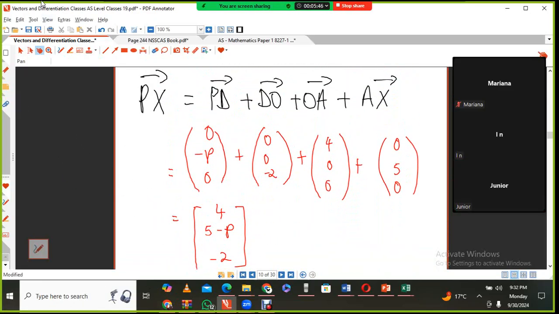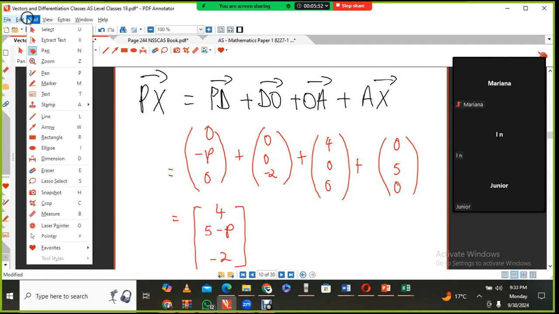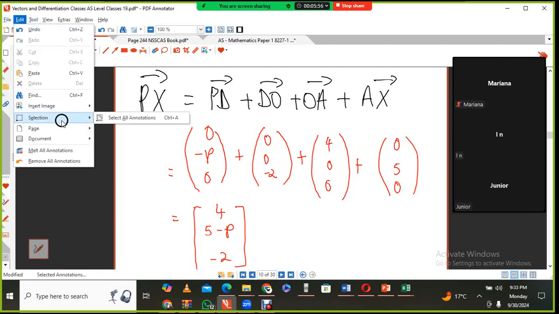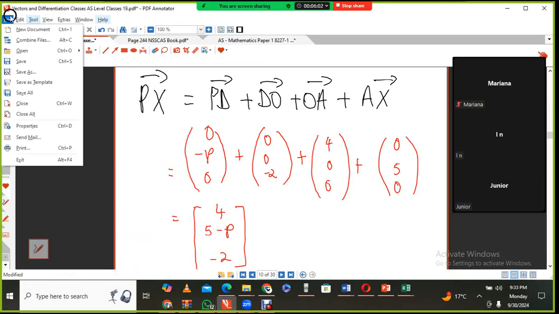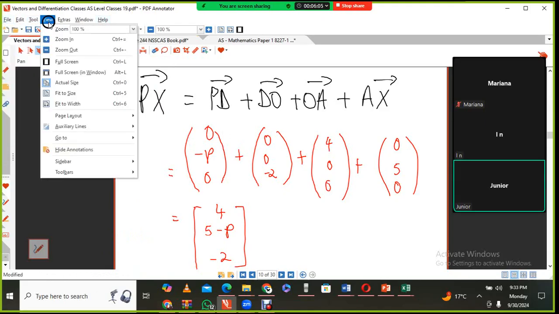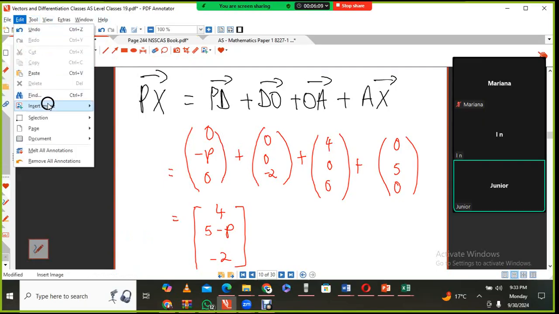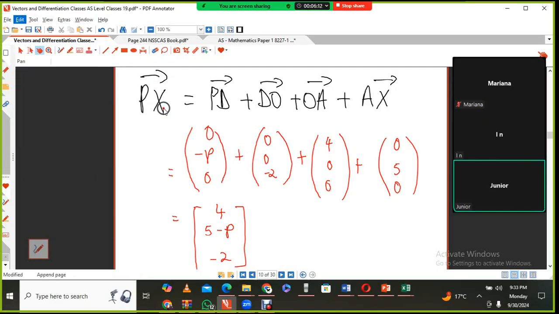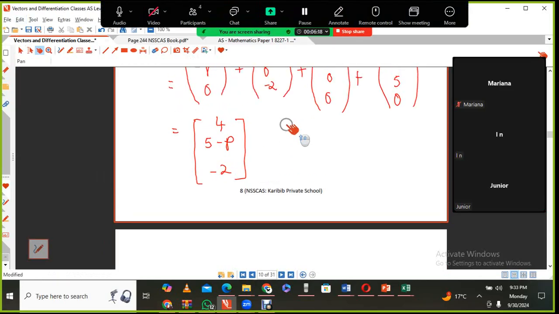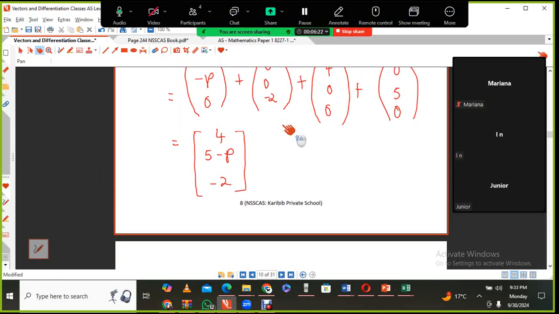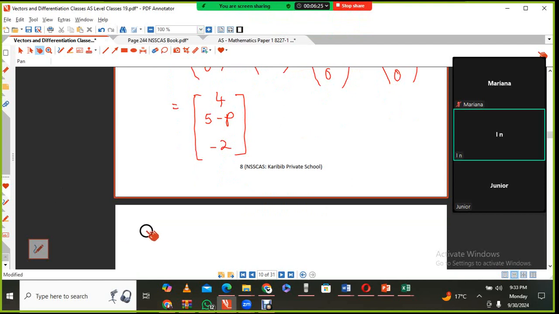Let me just add a page there. Could you tell me what was PO again? PO was 0, minus P, minus 2.